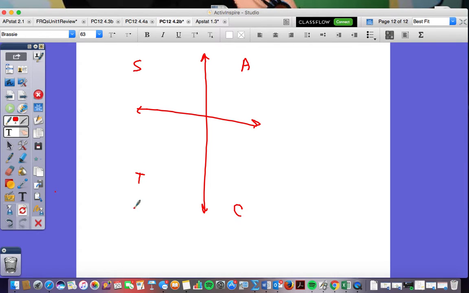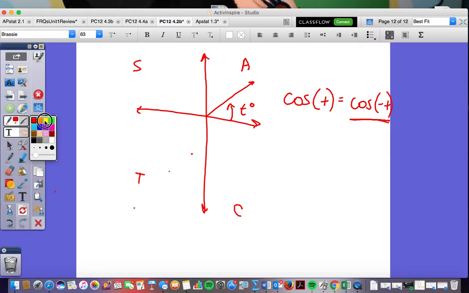What we're saying is that if we have cosine of t that equals cosine of negative t, right? So if t was over on this side, and we say that that's positive t degrees, I wanted to show you that negative t would be the same thing except I'd go backwards. This would be negative t degrees. So it would be the same thing.